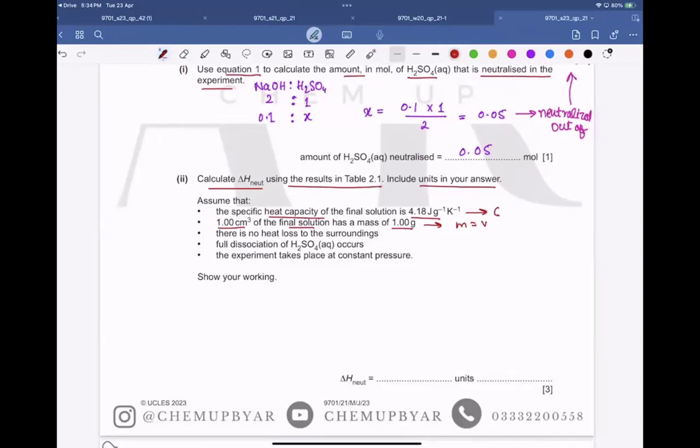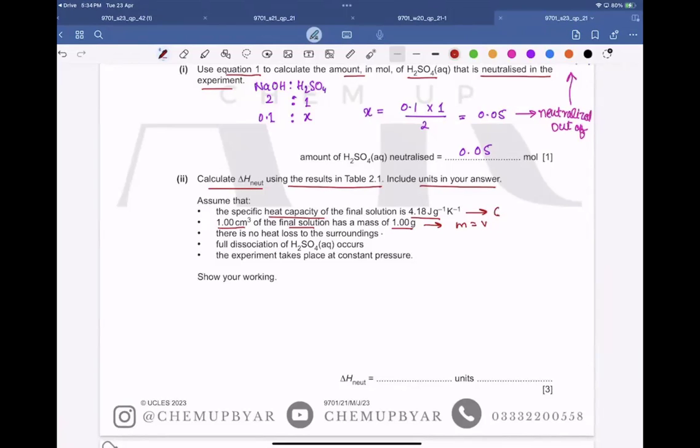Okay. There is no heat loss to the surroundings. Now, full dissociation of sulfuric acid occurs. The experiment takes place at a constant pressure. So if you see the total volume, we have used 100 cm3 and 75 cm3, right?